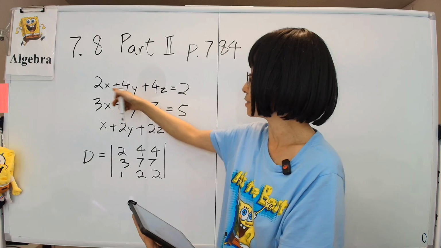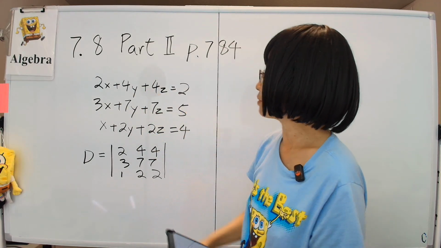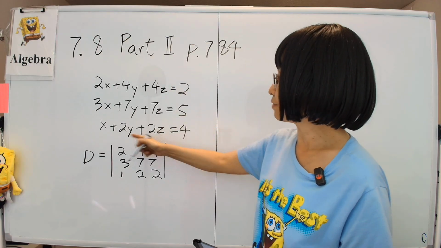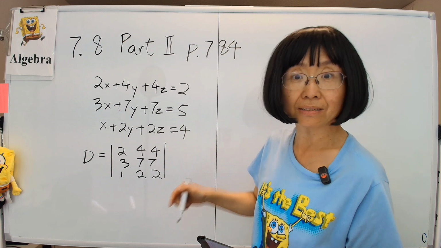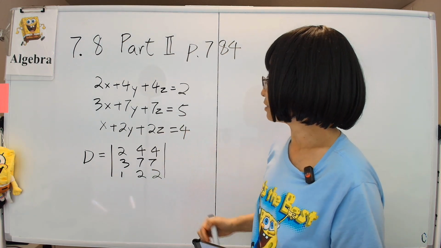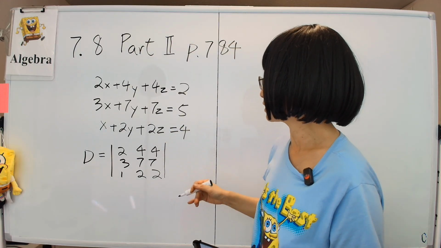At least this part is the same, okay? The numbers are different, but this part is the same, which is not possible, because if this equals 4, then twice of this had better be 8. There's no way it can be 2.